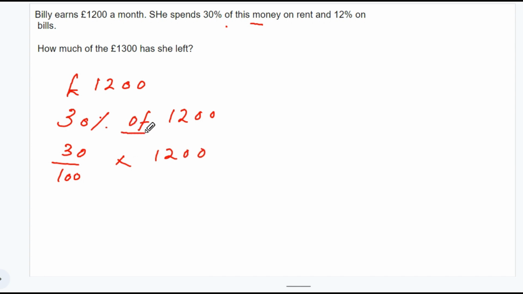This 'of' means multiplication. So 30% of this money is on rent. Look, these two zeros can be cancelled out. We are left with 30 times 12, which is 12 times 3 is 36, and this 0 at the end. So it means 360 pounds she is paying for rent.